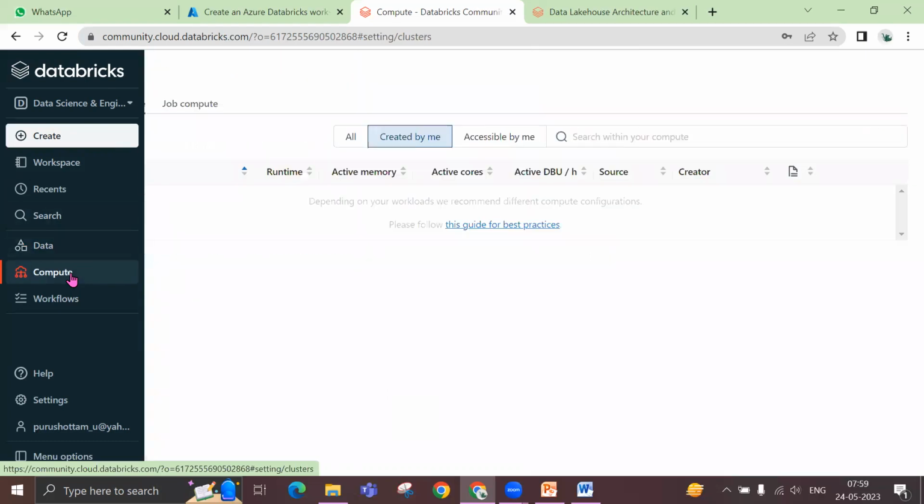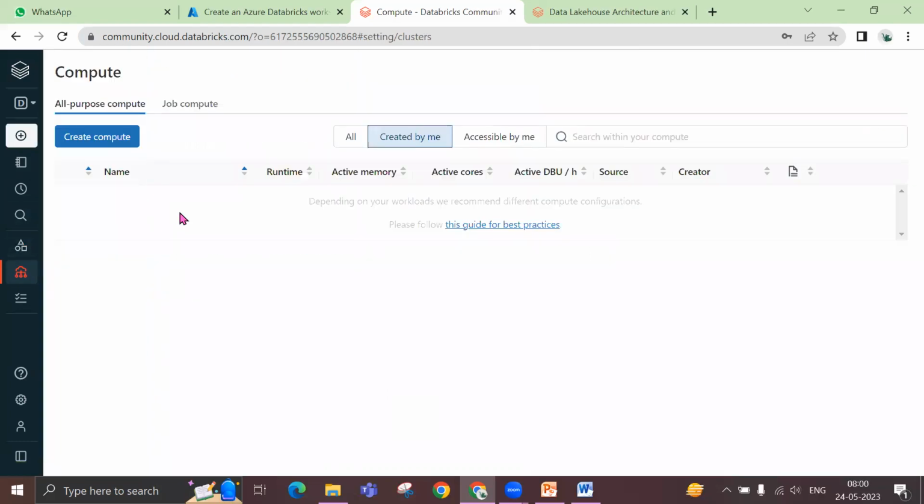And as I discussed, the compute powers: you can create more than one compute also, and you can track all the computes created by you. Their memory, their cores, their DBUs, their capacity, everything you can see over here for your workspace.